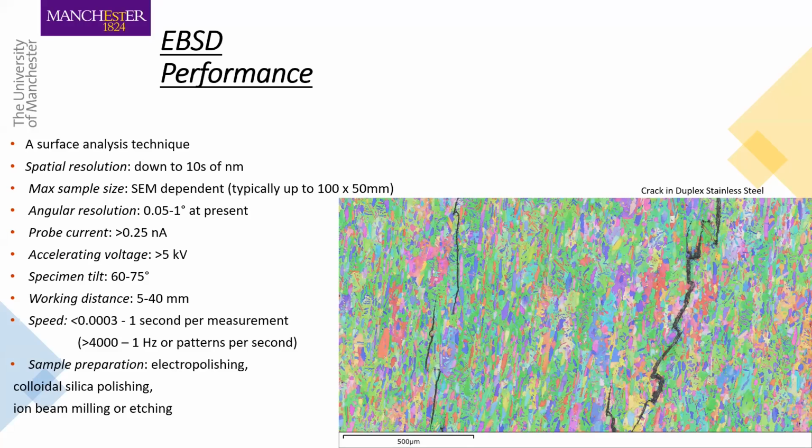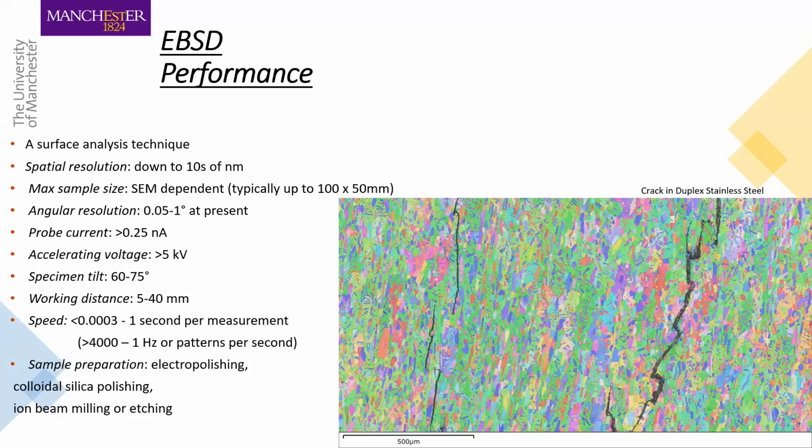EBSD performance, I've noted down a few points here. It's a surface analysis technique, and I'll explain why. Its spatial resolution is down to tens of nanometers. This is what we're talking about in a bulk sample. The maximum size of the sample depends on your SEM, of course, but it can be 100 by 15 millimeters, for example, maximum.